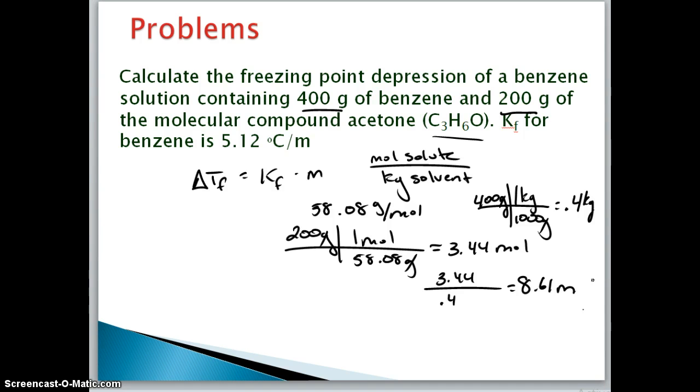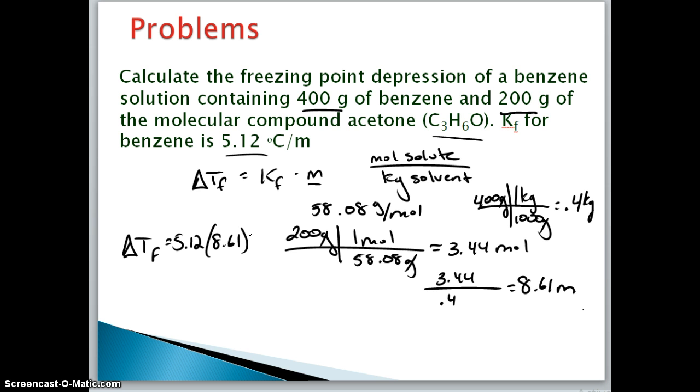So then, now that we have the molality, we know the constant because it's given to us in the equation, we can figure out the change in freezing point. So the change in the temperature of freezing is equal to 5.12 times 8.61. And then from here, it's a really straightforward, easy math problem.